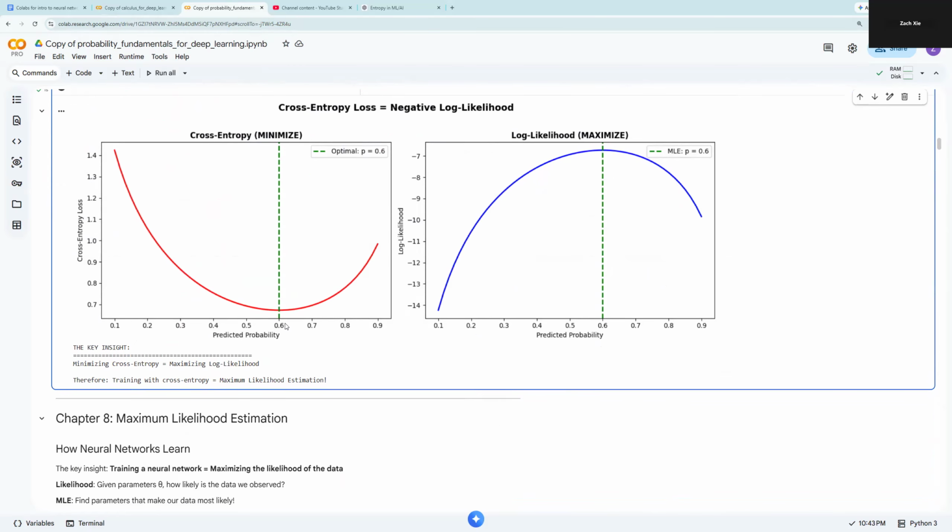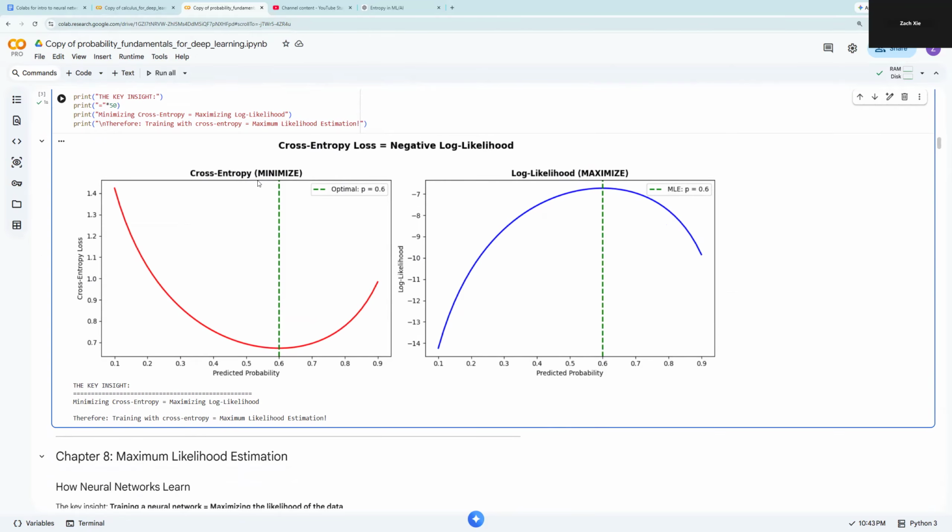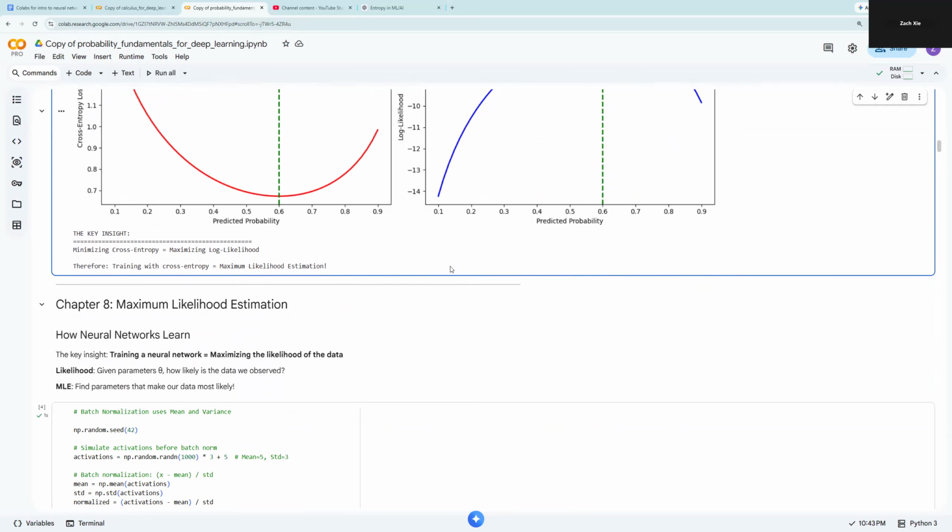So a very important concept is when you minimize cross entropy, you're actually maximizing the log likelihood of the model. So how is this connected to what we have discussed before, like back propagation, chain rules, gradient descent?